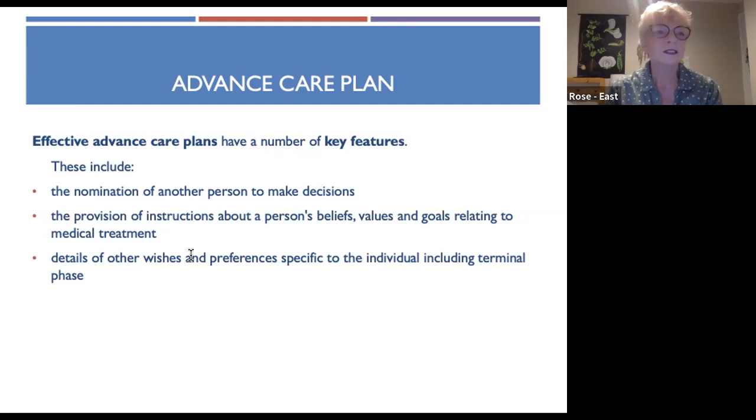I'll have a blood transfusion if my HB is lower than 6, or I'll have a peg tube, but only for 3 weeks, or only in this situation. If I only need artificial hydration and nutrition for 2 weeks, then I'm happy to accept that. But if I've had a stroke, then I don't want a peg tube to keep me alive. Those sort of things.